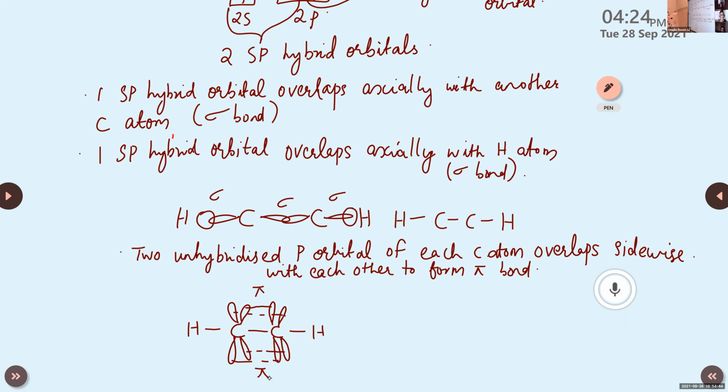Since there are two pi bonds, a triple bond is formed between the two carbon atoms. So this is the final structure of the C2H2 molecule, or ethyne molecule.